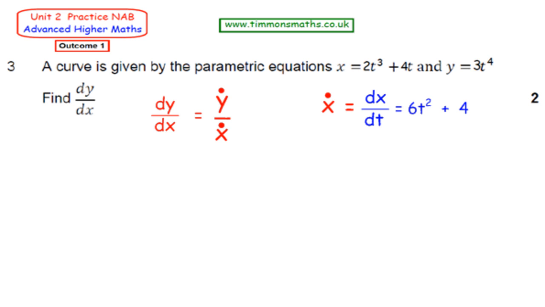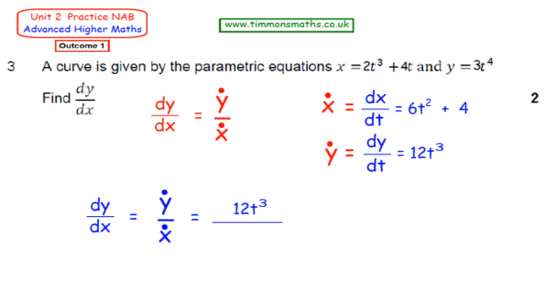Then y dot is dy by dt. Differentiating y with respect to t will be 12t cubed. Dy by dx is then y dot over x dot, which is 12t cubed over 6t squared plus 4.